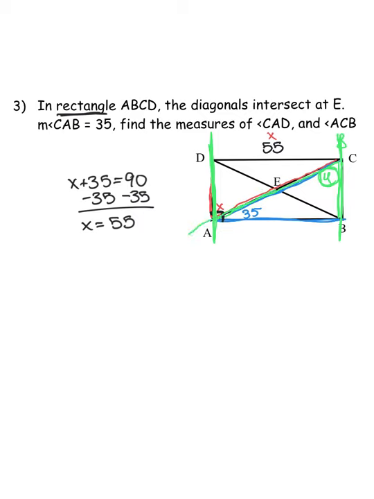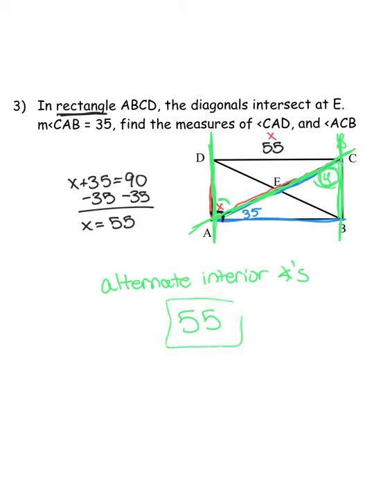I know that this here acts like a transversal, and this angle here is going to be the same as this angle here, because if I rotate my paper 90 degrees, these are alternate interior angles. And we remember from parallel lines, alternate interior angles are congruent. So angle Y, or ACB, has to be the same as angle CAD.